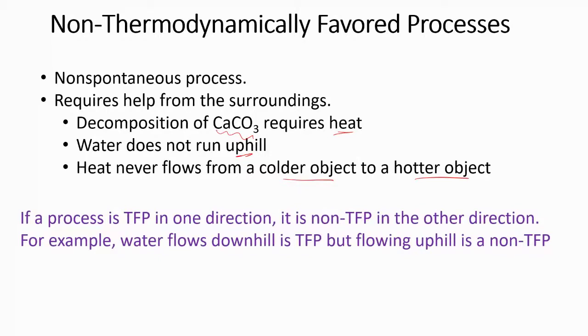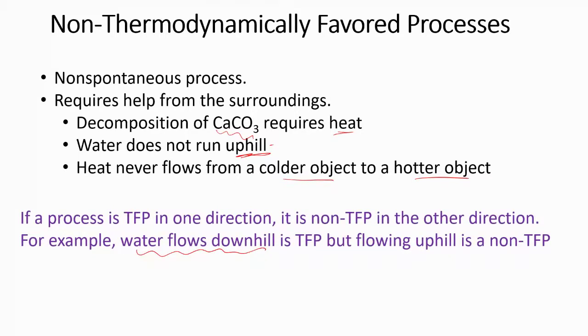So if a process is thermodynamically favorable in one direction, it is not favorable in the other. So water, we said, does not run uphill. So it is not thermodynamically favorable moving uphill, but it is thermodynamically favorable moving downhill.